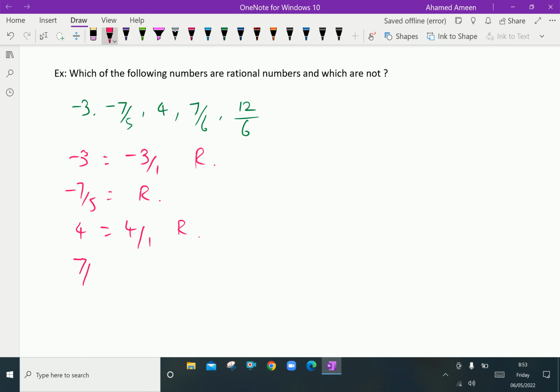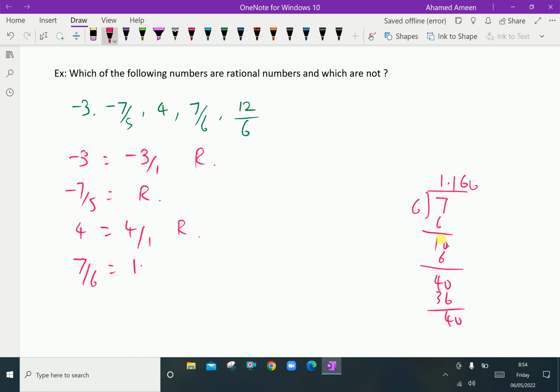Next, 7 over 6. Is it rational? We can write 7 over 6 as 1.1666, dividing: 7 over 6, 1 remainder 1, add 0, 10, 6 1s are 6, minus, that is 4, add 0, 6 6s are 36, 4, add 0, 6 6s are 36.